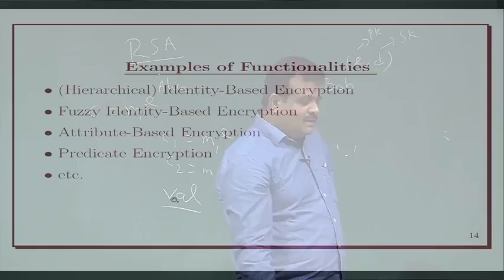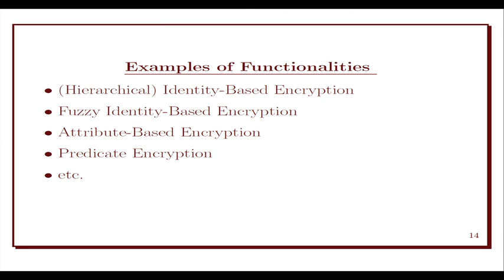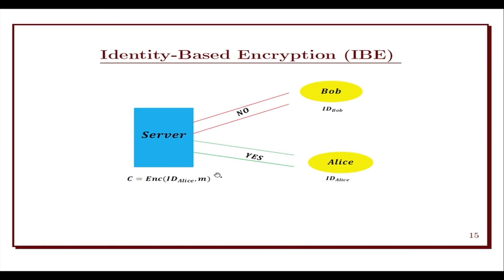We have some examples of this functionality: ID-based encryption, fuzzy ID-based encryption, attribute-based encryption, predicate encryption. So, this is ID-based encryption. If we use the ID of Alice as a functionality, then only Alice should be able to decrypt it, not the BOP. Okay.